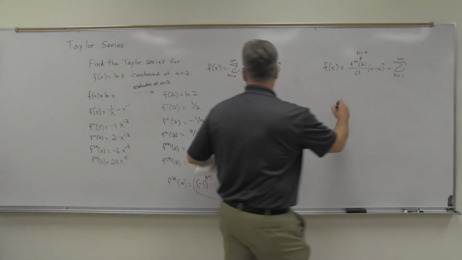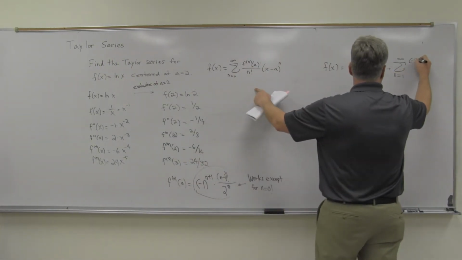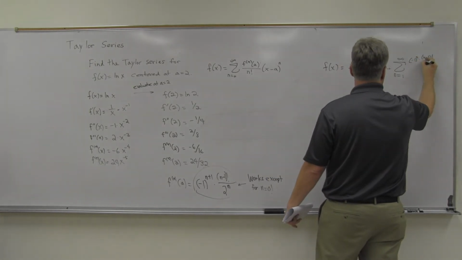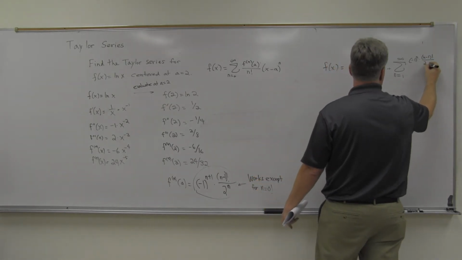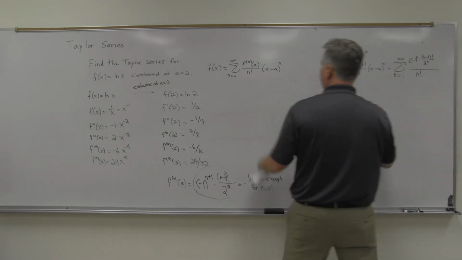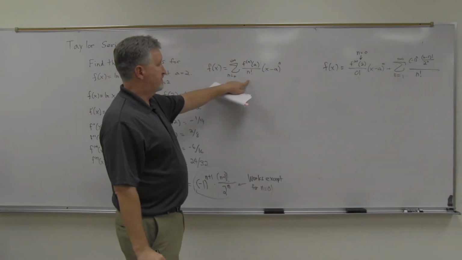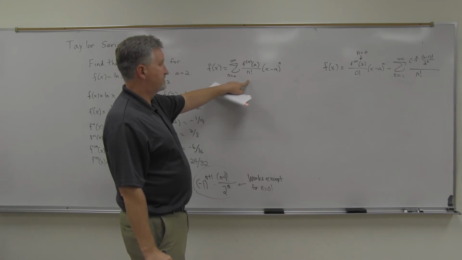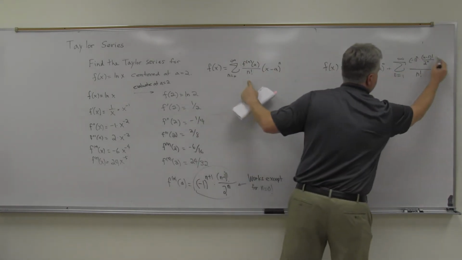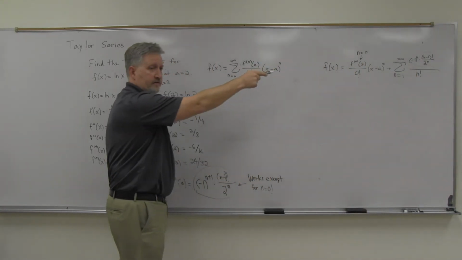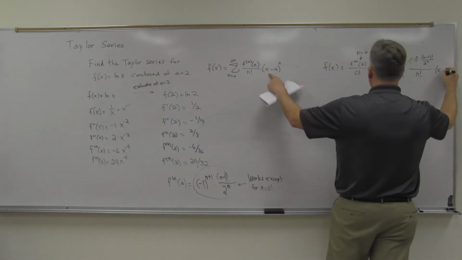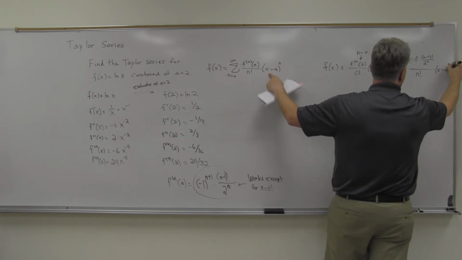So that would be negative 1 to the n times n minus 1 factorial over 2 to the n. And we'll divide by n factorial, because that's the part that comes from the Taylor series here. So I just plug in what I found there, right in there. And then times x minus a, which a here is 2, to the n.